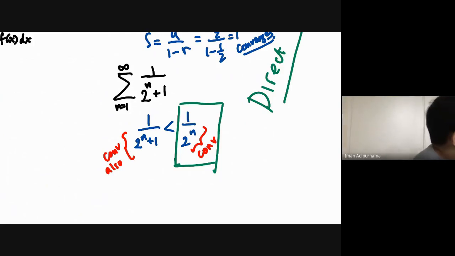But you need to prove that it is less. If you cannot prove that it is less than the known series, then you cannot use the direct comparison test.